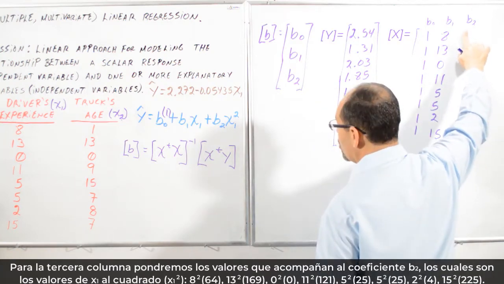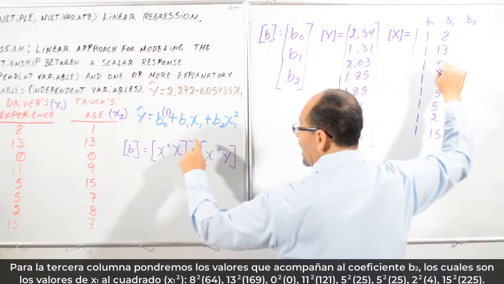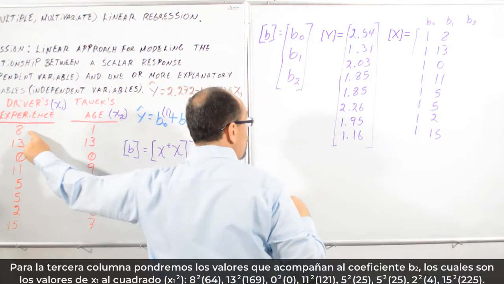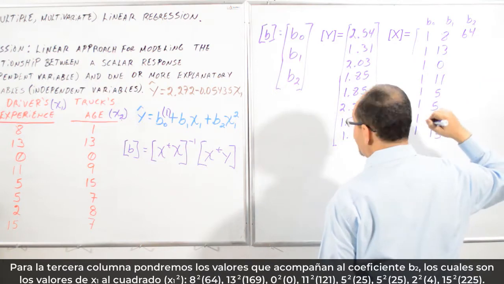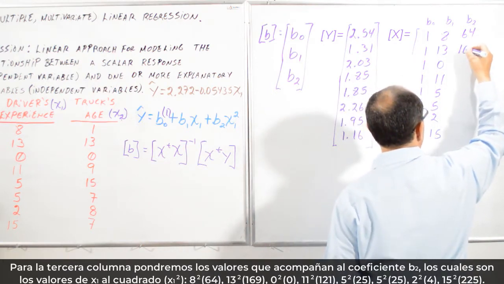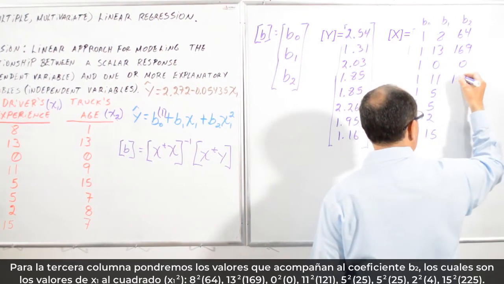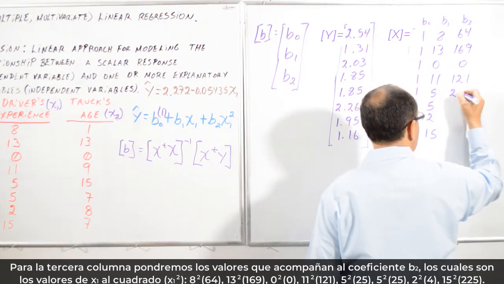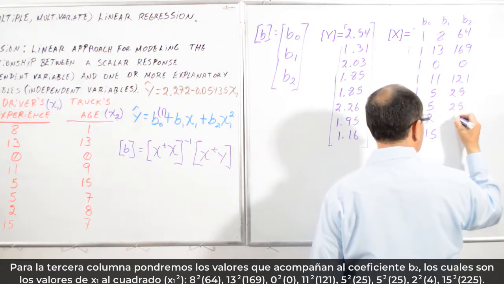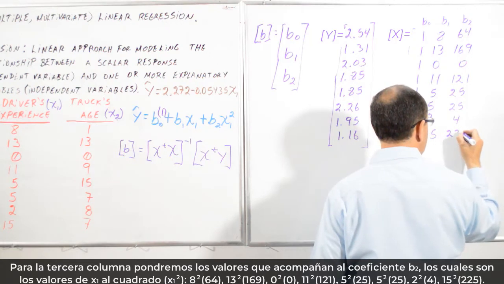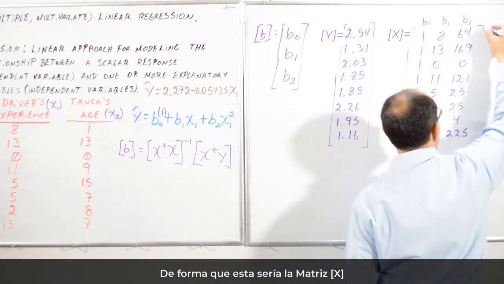And the one that goes with B2, which is x1 square: 8 square, 13 square, 0 square, 11 square, 5 square, 5 square, 2 square, 15 square. And that is matrix X.